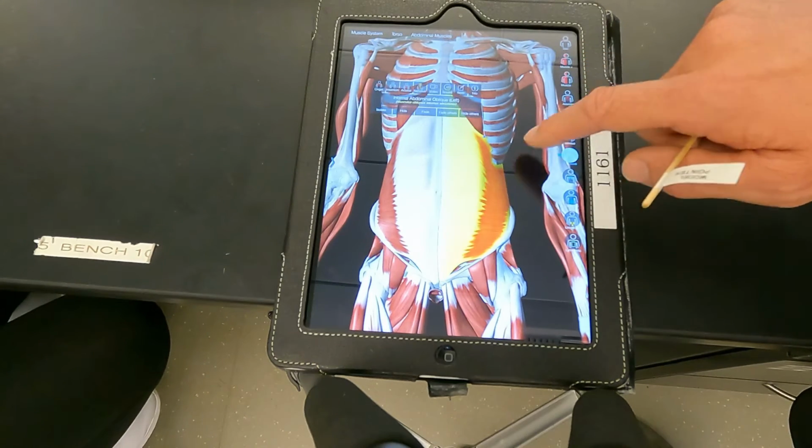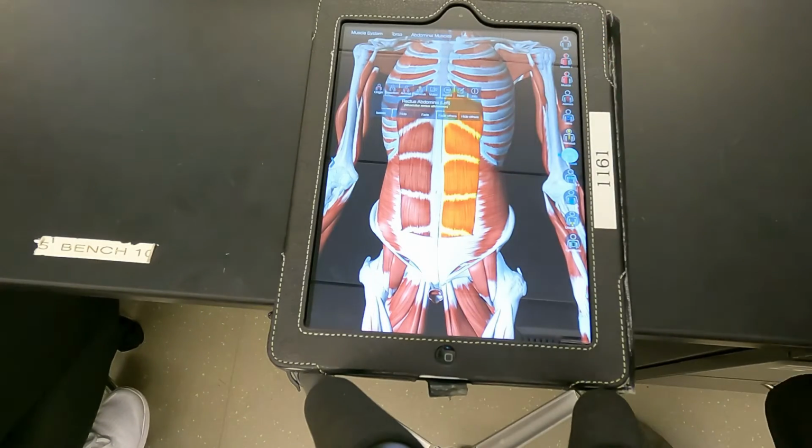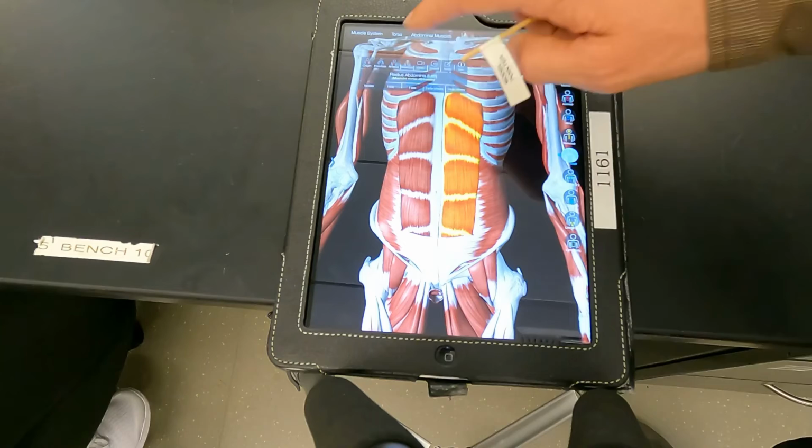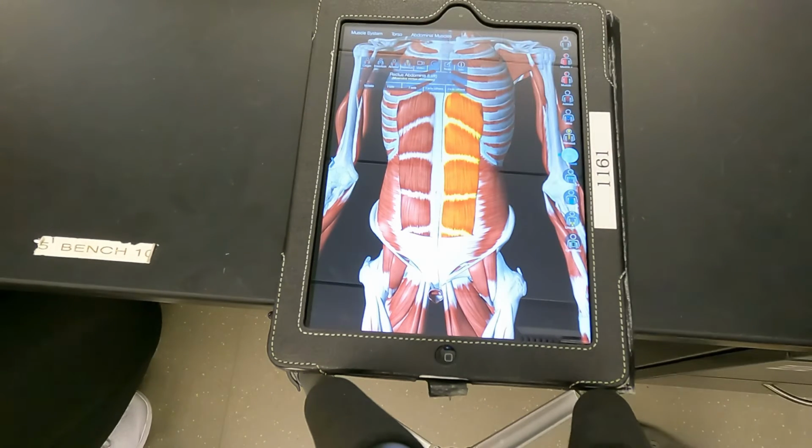Okay, internal abdominal oblique. Let's take away the internal abdominal oblique. And what's the next one? Rectus abdominis. And what's different about the rectus abdominis from all the other abdominal muscles? It doesn't wrap around.